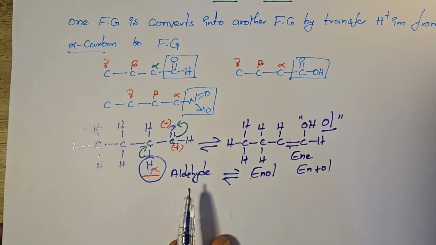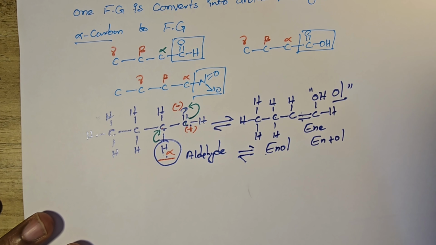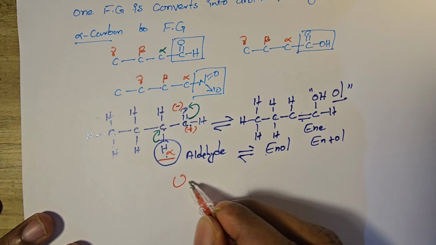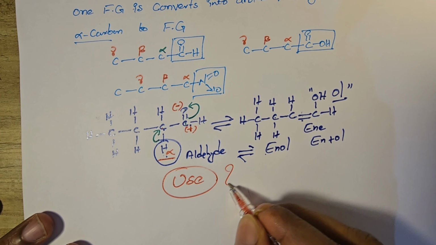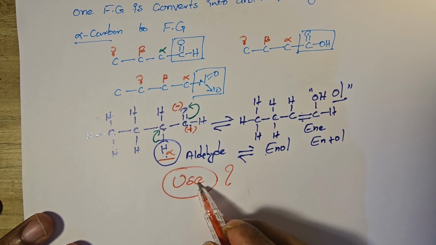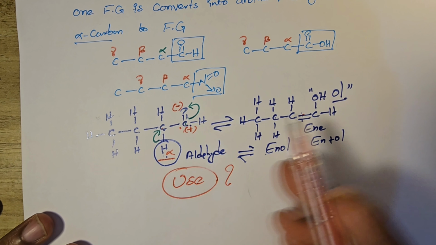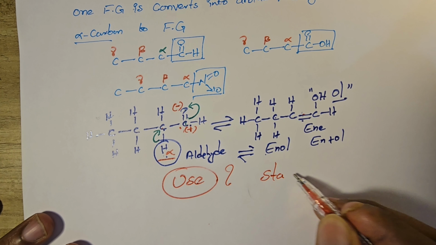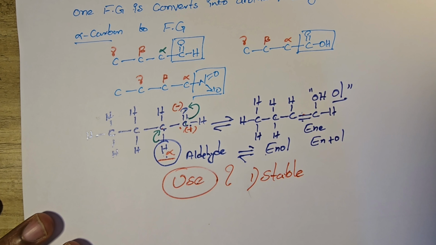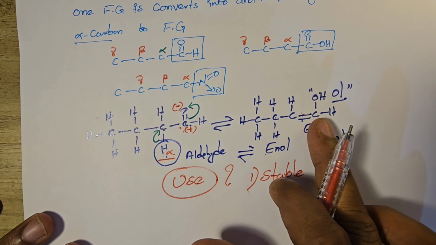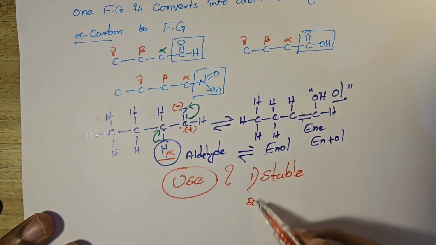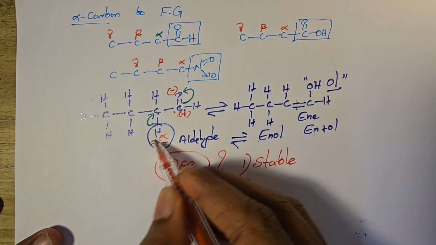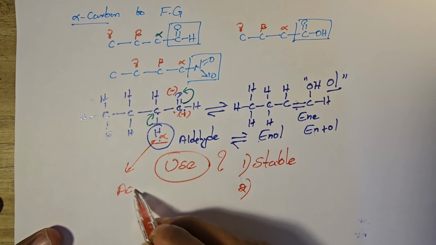What is the use of tautomerism? Why are we studying tautomerism? Tautomerism tells which structure is the most stable structure. That means whether this structure is more stable or that structure is more stable. Another is the acidic strength of the hydrogen.